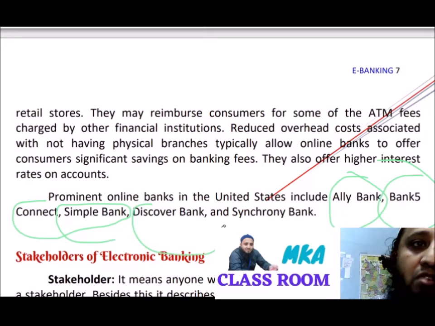Online banking is frequently performed on mobile devices now that Wi-Fi and 4G networks are widely available, and it can also be done on desktop computers. Some examples are Ally Bank, Bank5 Connect, Simple Bank, Discover Bank, and Synchrony Bank. These are examples of online banks.